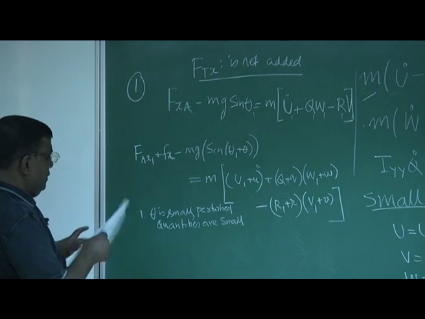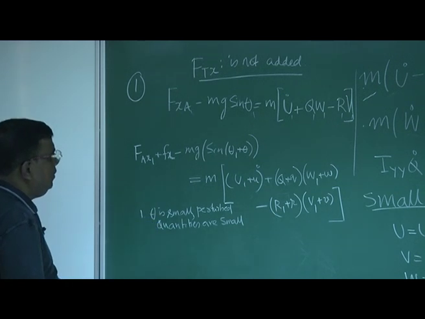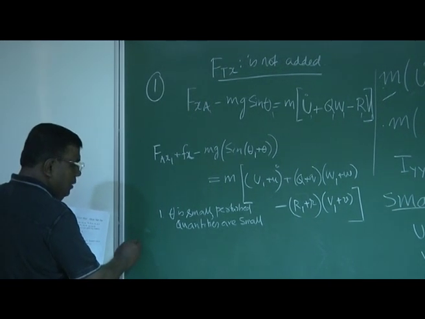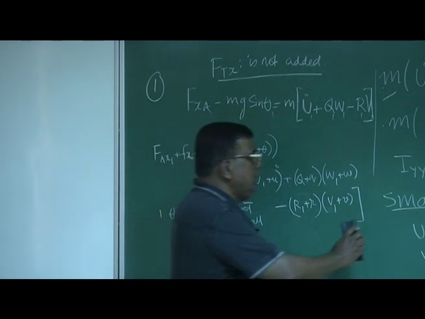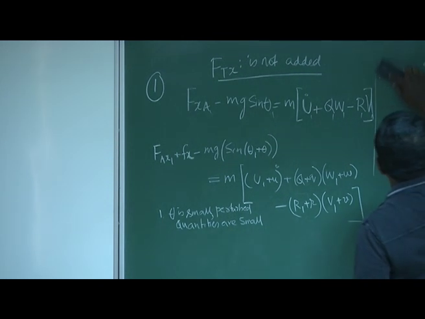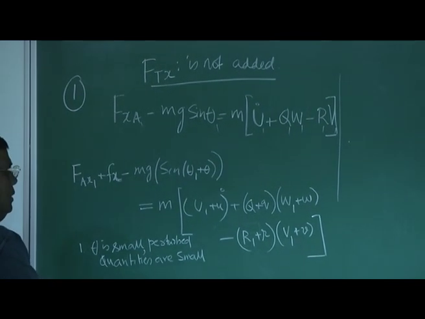And then I will expand it. Let me write the expansion, one complete equation, so that you are happy. Let me erase this part, because it will take longer length of the blackboard. So theta is small, which is again a perturbed quantity.